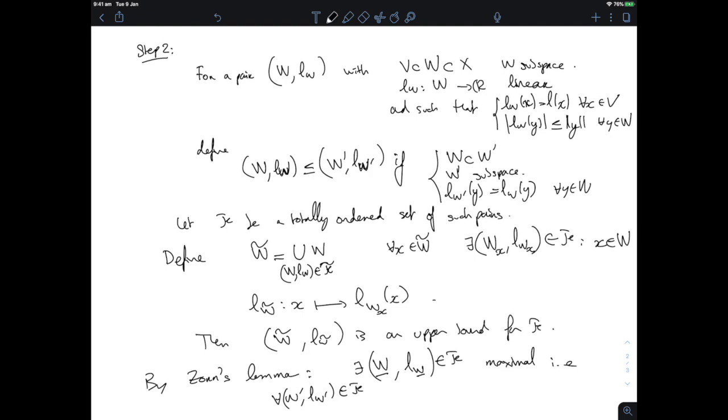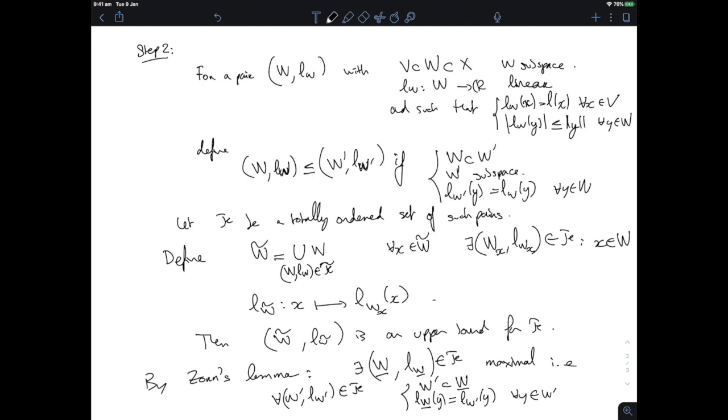So we're going to have that W prime would have to be included in W bar, and LW bar of y would have to be LW prime of y for all y in W prime, right? That's what having a maximal element for that particular relation means.